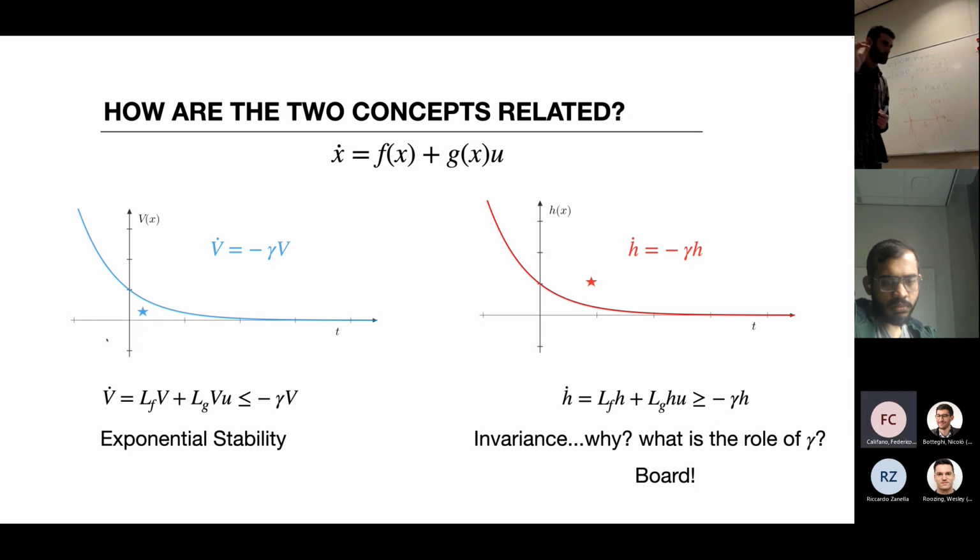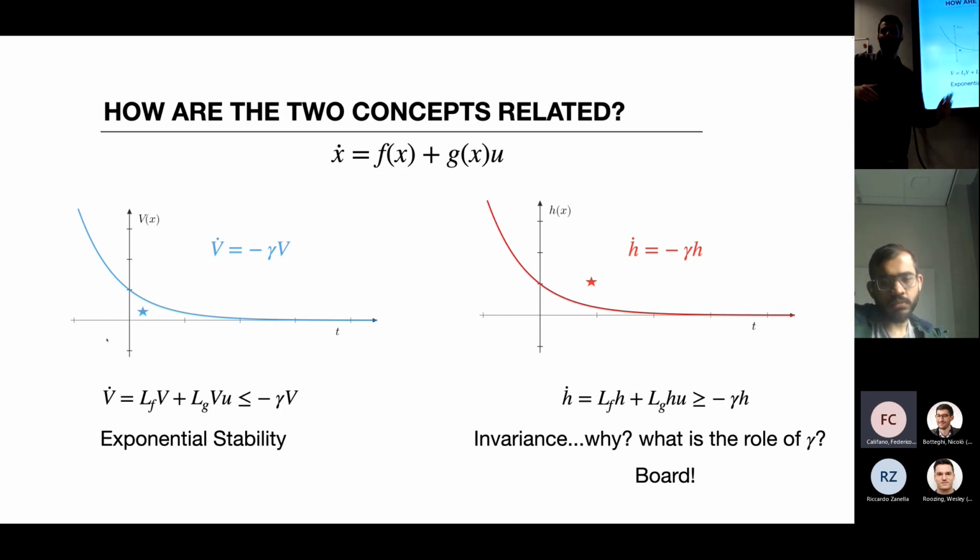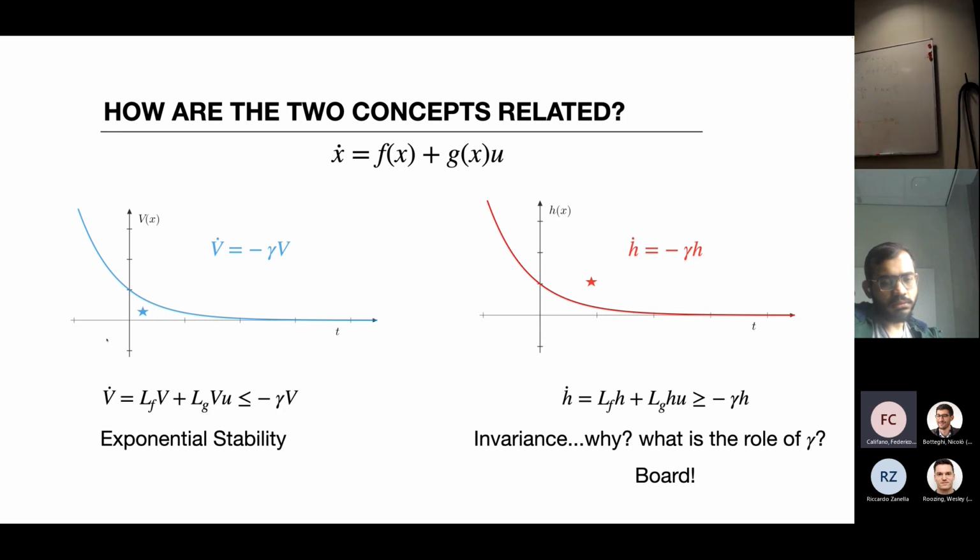So, last bit, what does this gamma represent in the asymptotic case? In the stability case, the decay rate towards the equilibrium. That's easy. What does the gamma represent in the CBF approach? Yes, more distance once you hit the border.